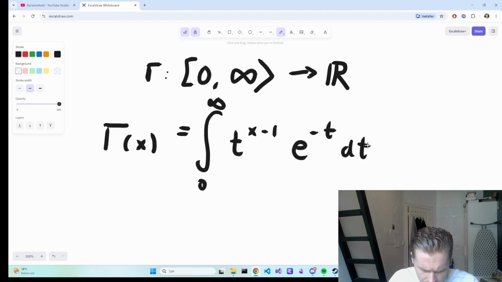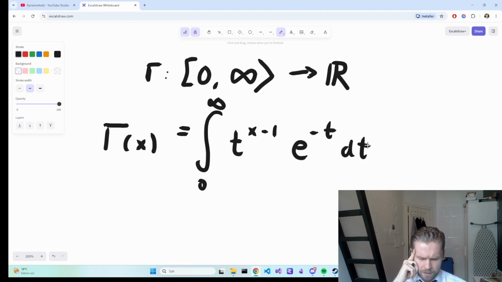It has a remarkable property that we looked at earlier: for any x in the natural numbers, the gamma function gives us (x minus 1) factorial.